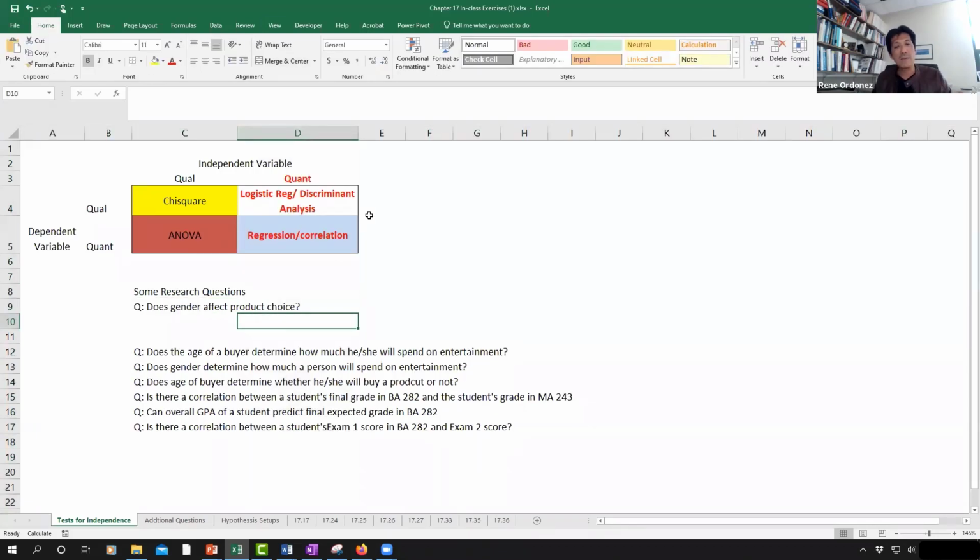The variables are product choice, which is the response variable and is qualitative, and the gender of the consumer. Gender is the factor, or the independent variable, and this too is qualitative.